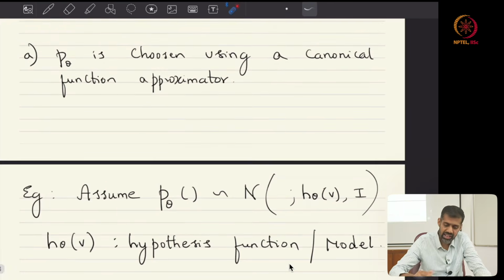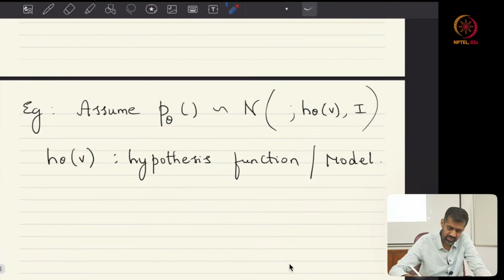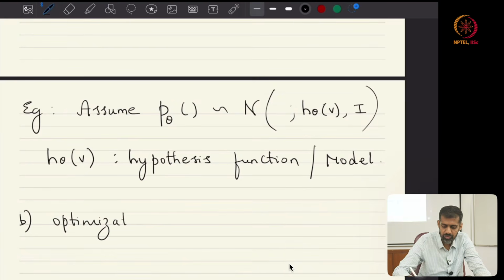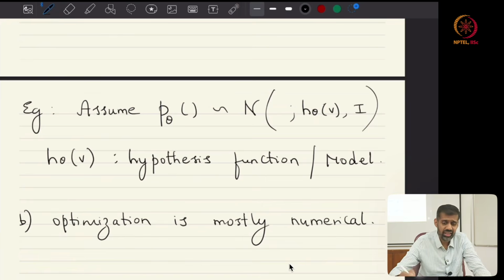And problem B, so optimization is mostly numerical. There are cases where optimization can be solved analytically, meaning you take the derivative of that log likelihood function and put it to 0 and parameters will come out.